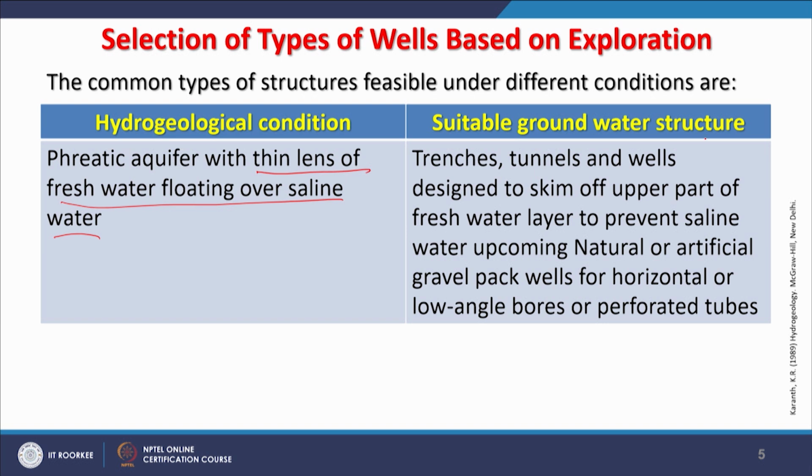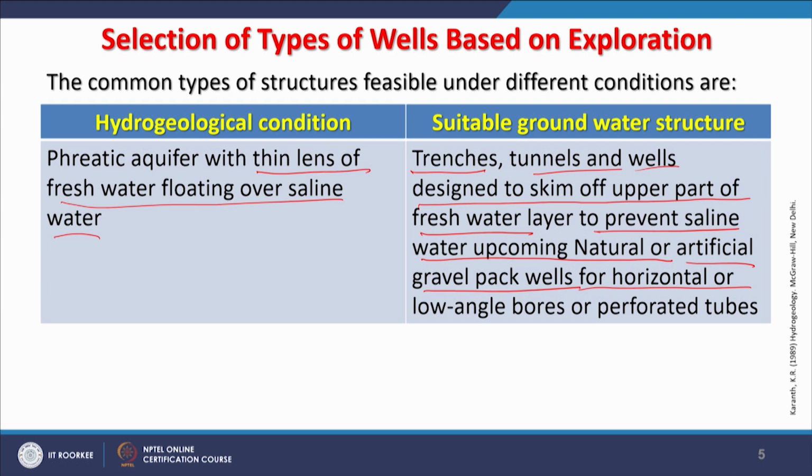Then a suitable groundwater structure can be trenches, tunnels or wells designed to skim off the upper part of the fresh water. We are not interested in saline water. The way it will be done, we only extract the upper part of the fresh water to prevent saline water upcoming, using natural or artificial gravel pack wells for horizontal or low angle bores.